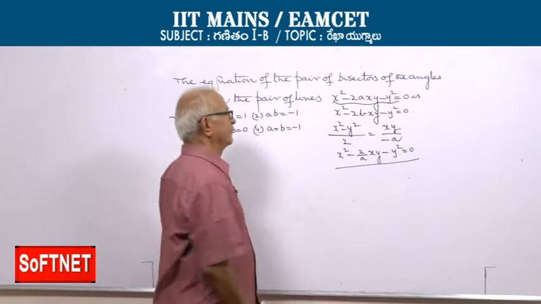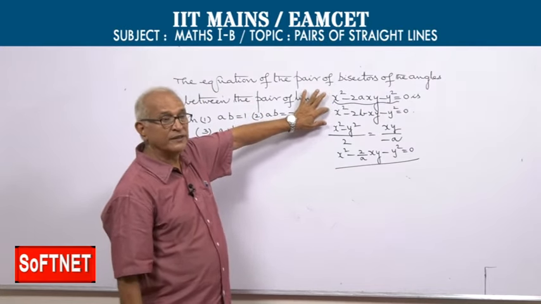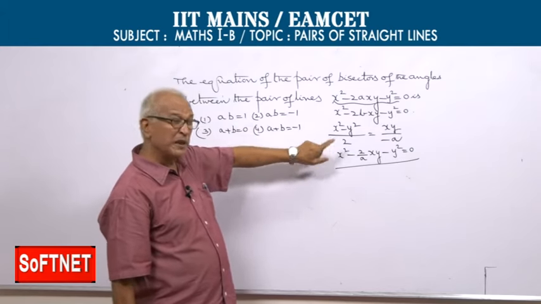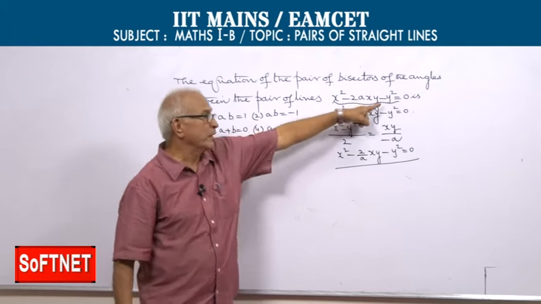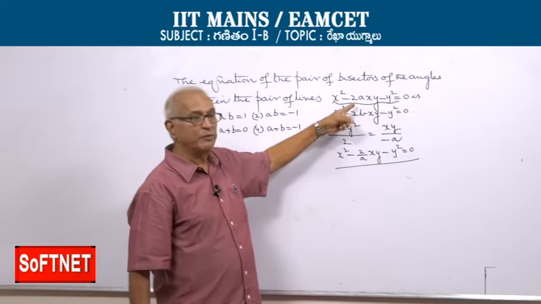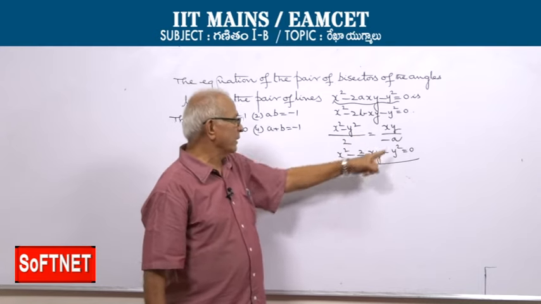Using the formula, a minus b is 1 minus minus 1, that is 1 plus 1, 2. Equal to xy by h, where h is half the coefficient of xy, which is minus a. Or this can be written as x square minus 2 by a times xy minus y square.